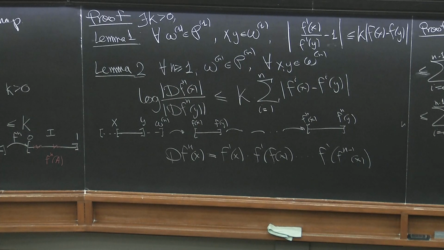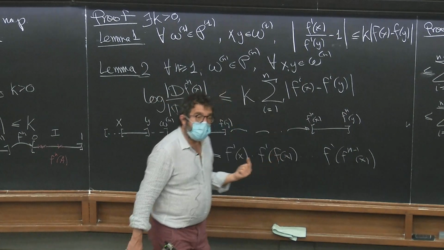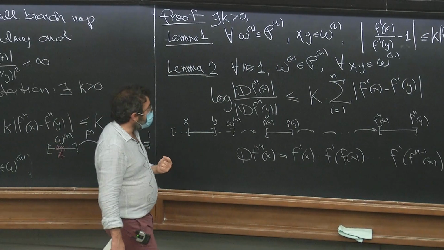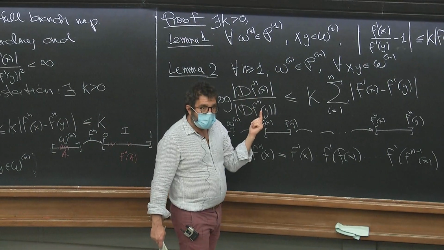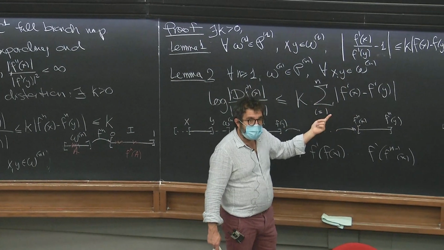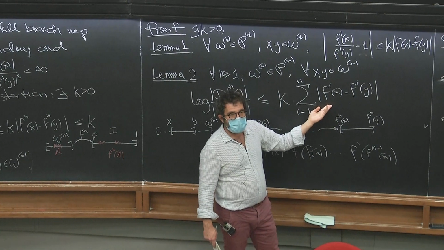In particular, we want this to be uniformly bounded, independently of n. The problem is that if n is big, there are lots of terms here, right? Not only are there lots of terms, but are these terms increasing or decreasing with n?